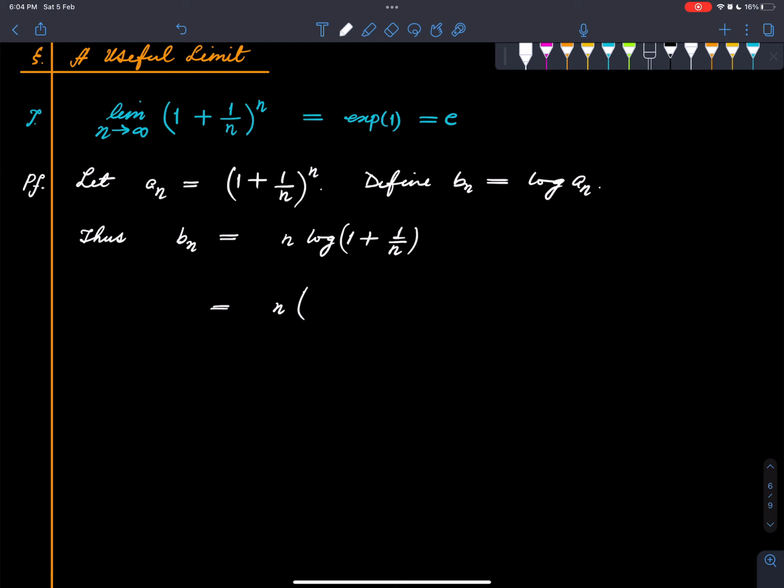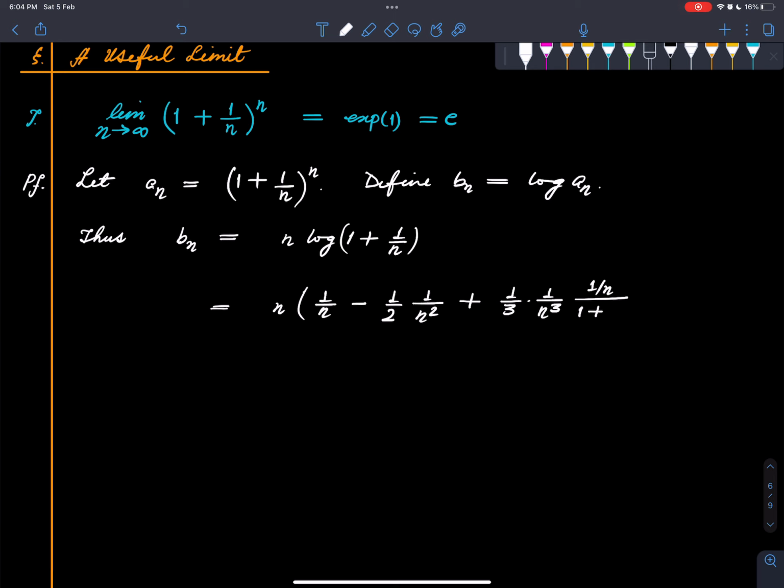Yeah, so you will get 1 upon n minus half 1 upon n square plus 1 upon 3 1 upon n cube into 1 upon n 1 plus, yeah, so this is something strictly between 1 and 1 plus 1 by n.